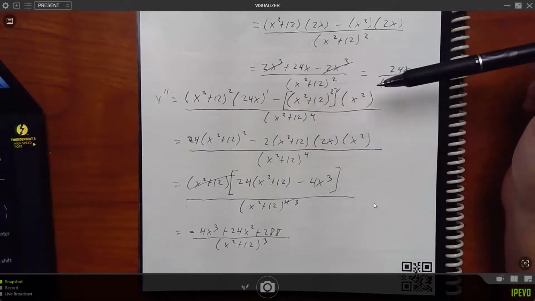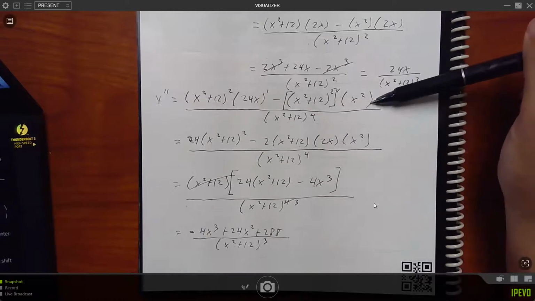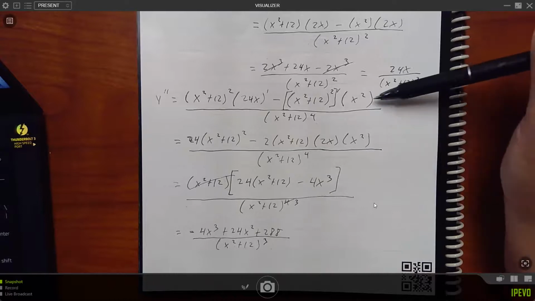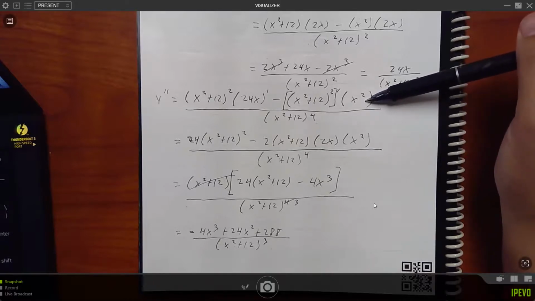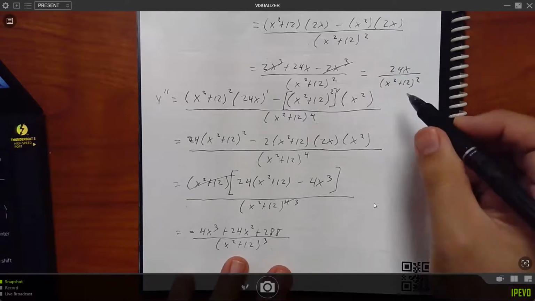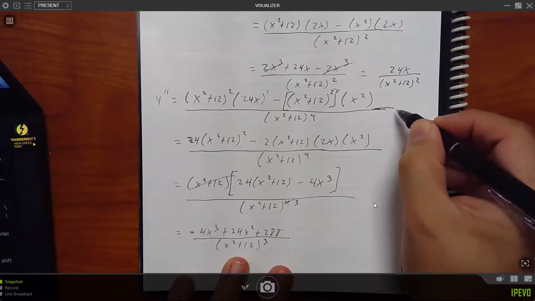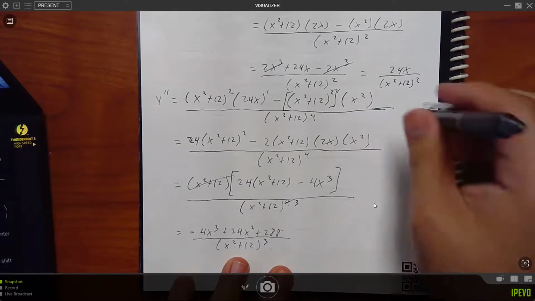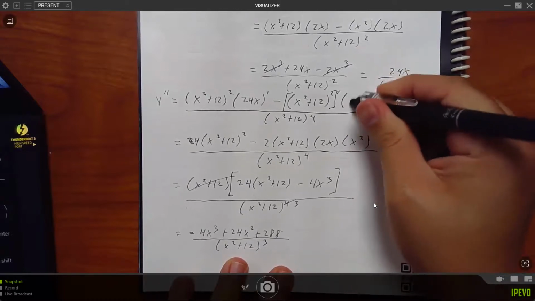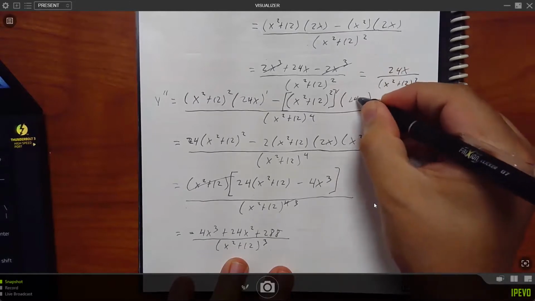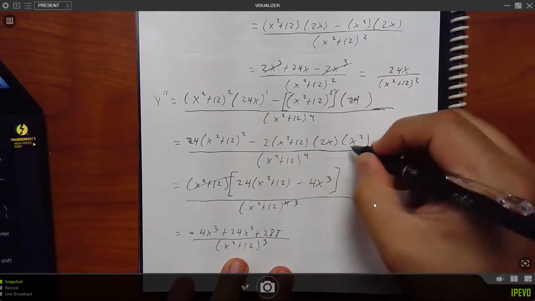Uh, 24x. Oh, up here. Where did this come from? Yeah, there should be 24x right here, shouldn't it? I don't know where that x squared came from. Yeah, you do it down here.